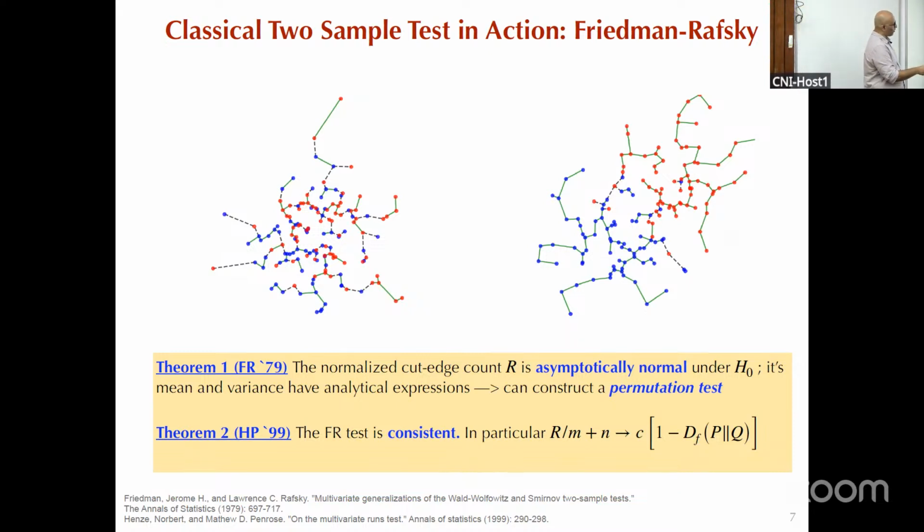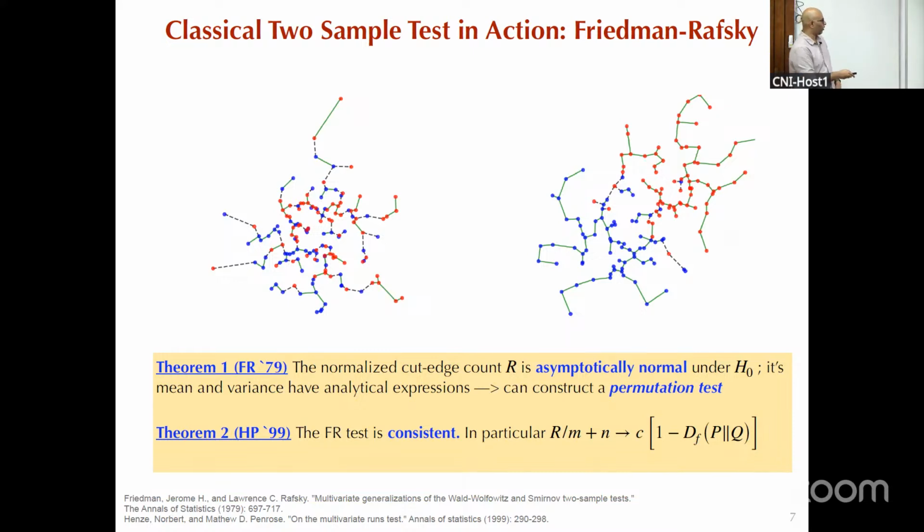What they showed is that the normalized cut edge count, where I'm normalizing R by the total number of points, modulo those details, actually converges somewhat intuitively pleasingly to a measure of divergence between P and Q.